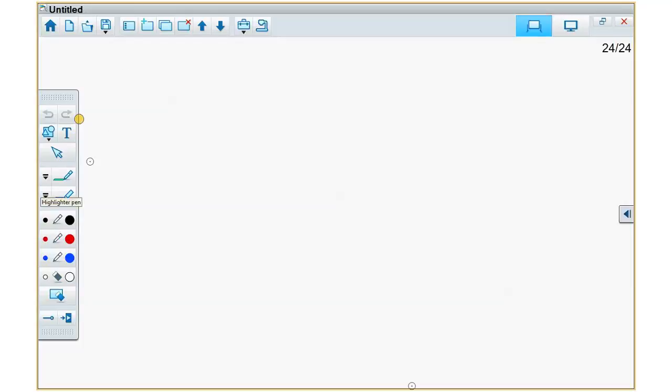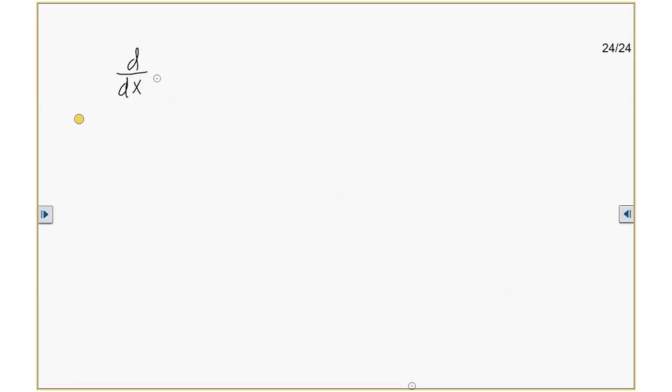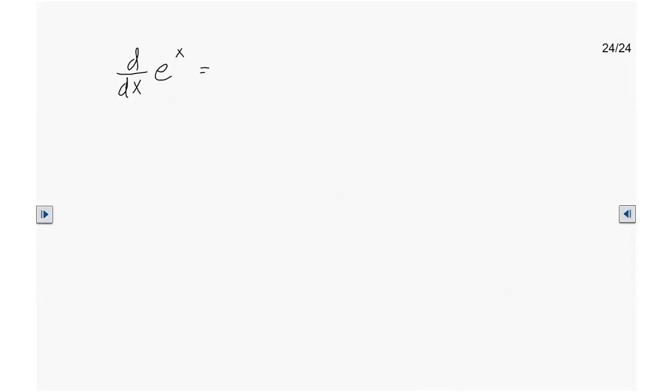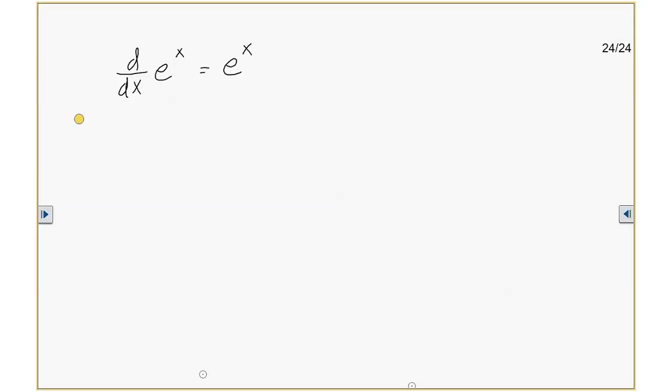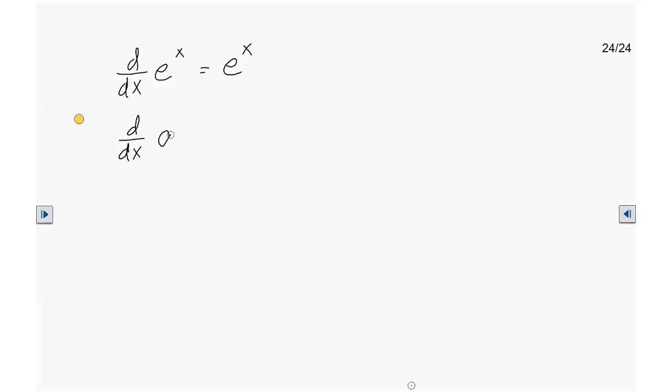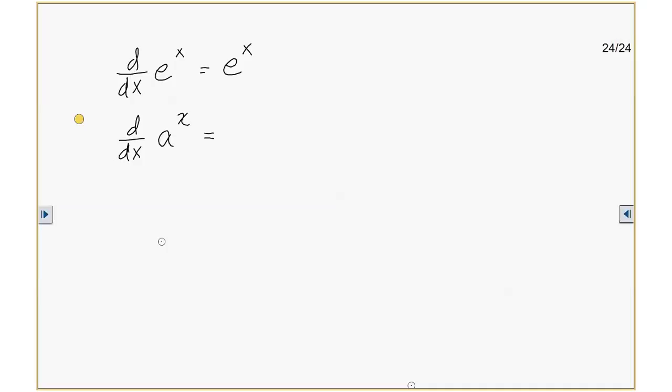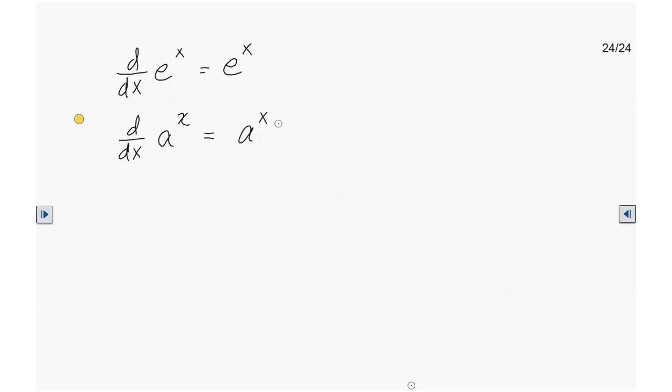That's what my ex-wife used to do. d over dx of e to the x is equal to what? e to the x. Y'all know that, right? Thank you for 2 or 3 people interaction. I appreciate it. What about the derivative of a to the x? Well, the derivative of a to the x is equal to a to the x times the natural log of a.